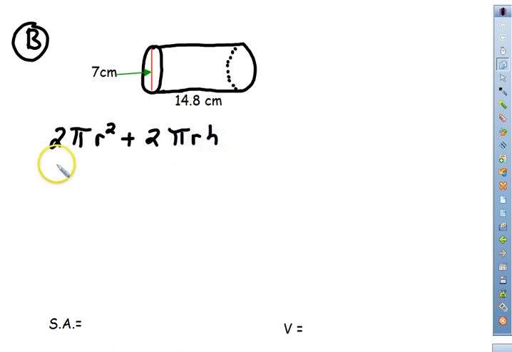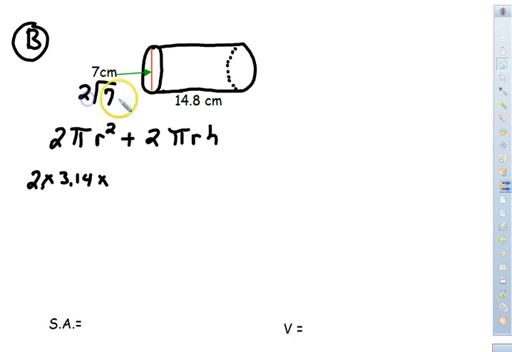So we're going to plug this in, and we're going to get 2 times 3.14 times the radius. Now they gave us the diameter, so the radius is going to be half of this. So 7 divided by 2 is going to equal 3.5, and it is squared.